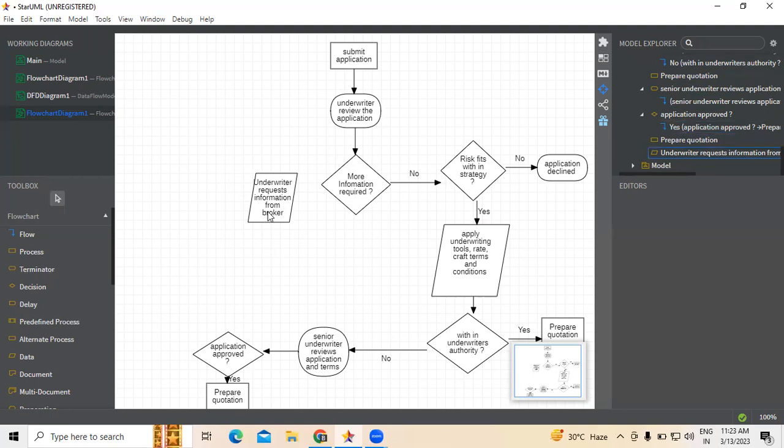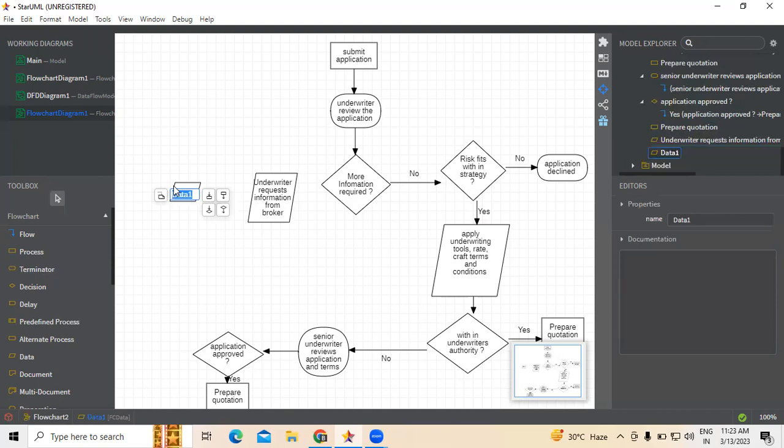Now, this same information will be required by the broker from the client itself. So the broker also requests information from the client.